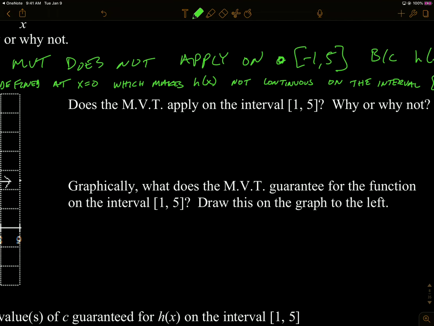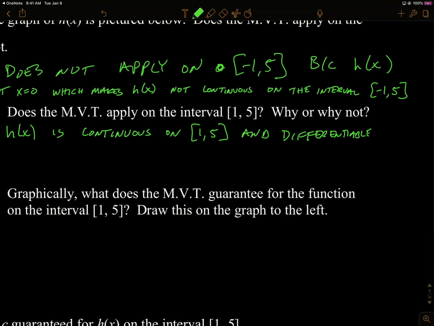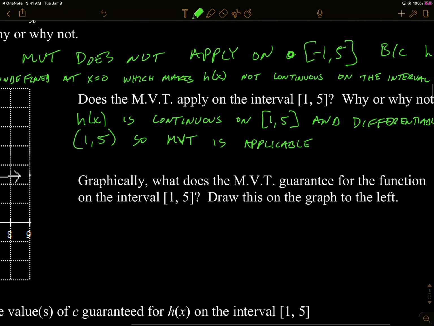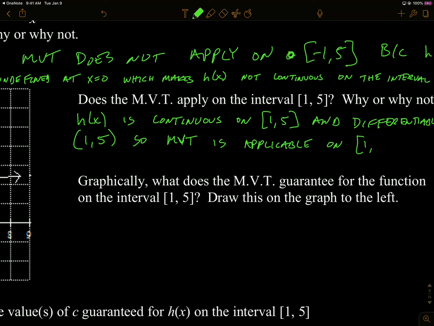So we're going to say h of x is continuous on the interval 1 to 5 and differentiable on the open interval, so the mean value theorem is applicable on 1 to 5.